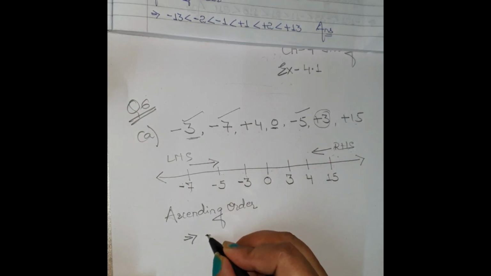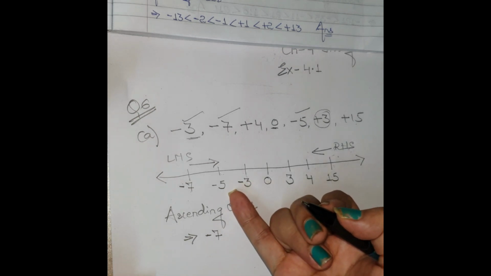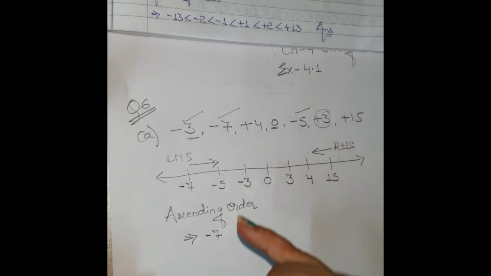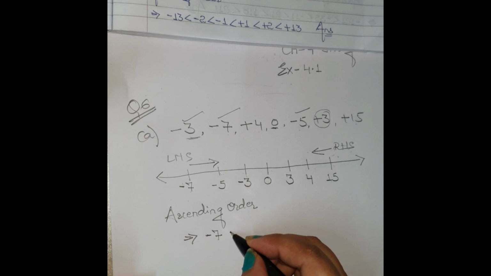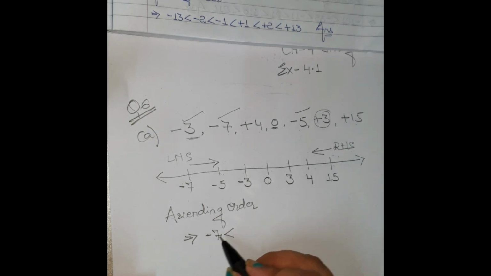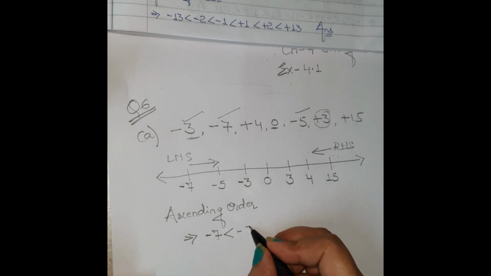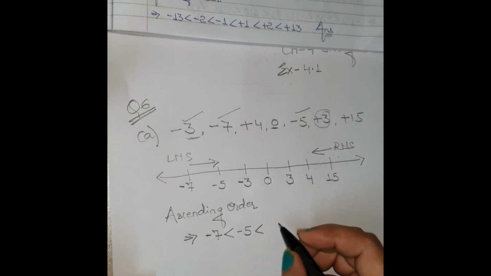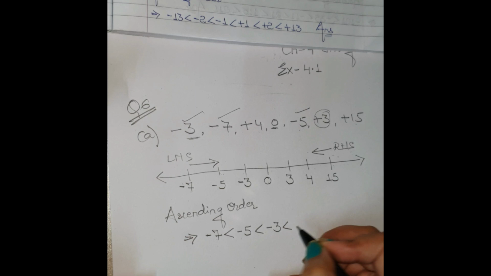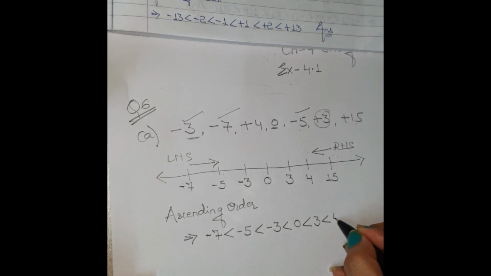So simply you will write firstly -7 as it is written in the number line, same way you have to copy here. So -7, then you will put this sign because this number is smaller and the next will be greater than -7. So -7, -5, put this sign, -3, again put this sign, 0, put this sign, 3, put this sign, 4, put this sign, and then 15.